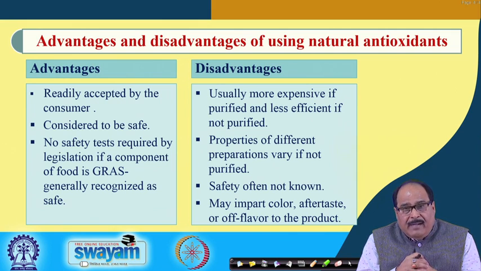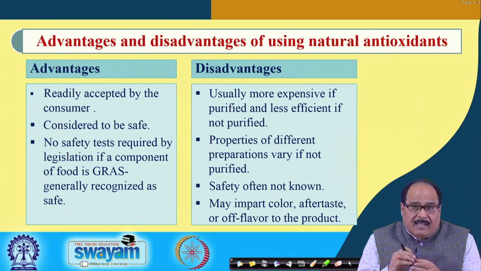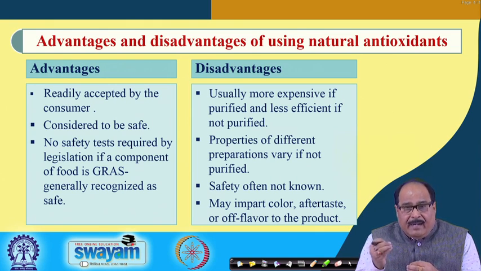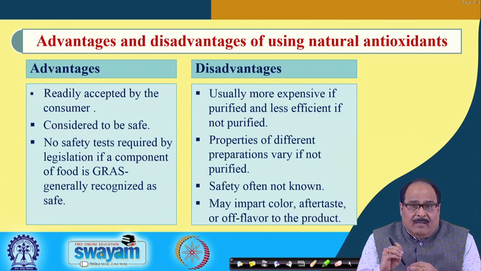Another disadvantage is that these unpurified extracts, at the concentration which might be required to give the desired antioxidant effect, may impart undesirable color, aftertaste or off flavor to the product.